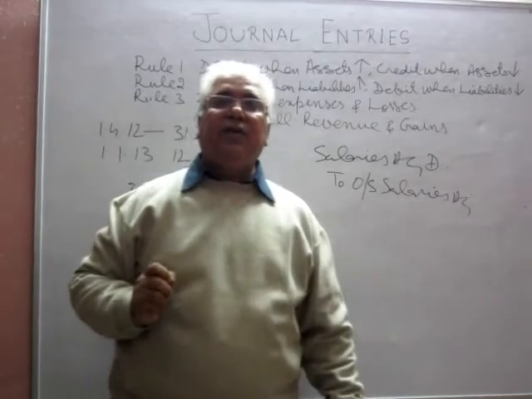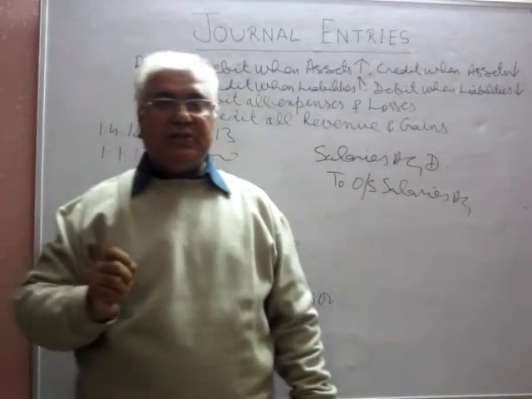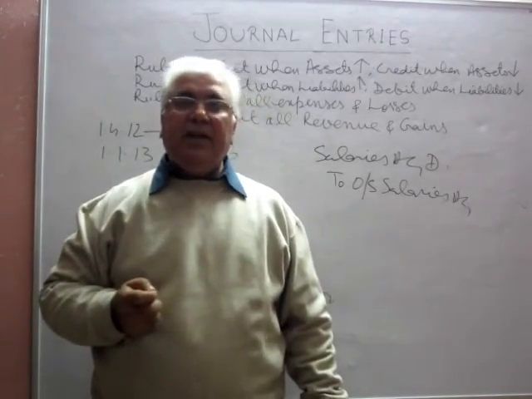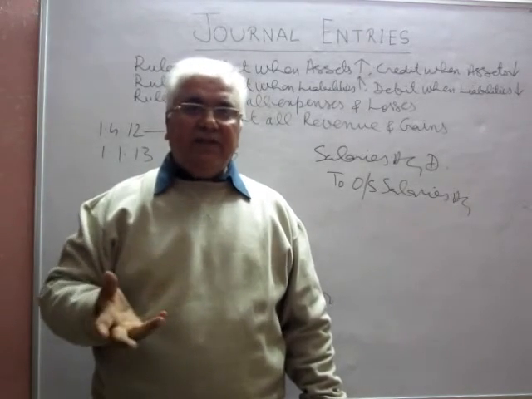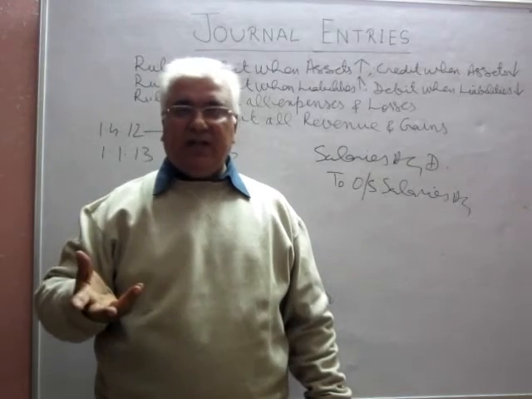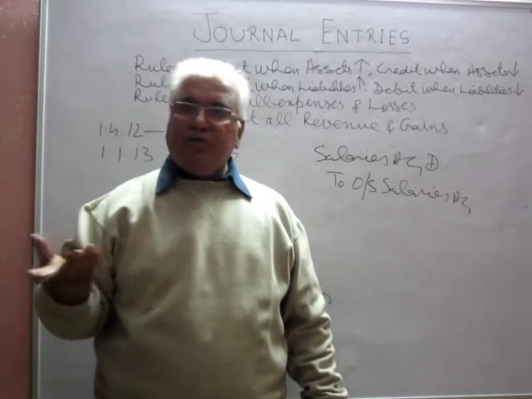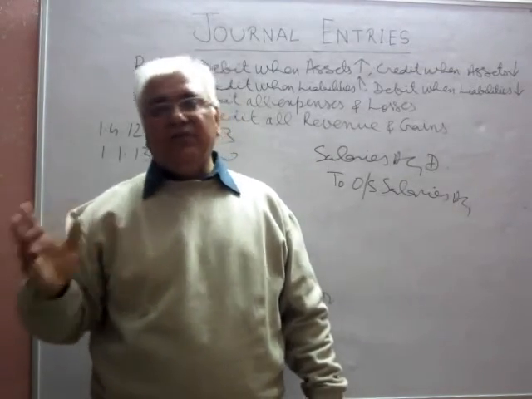Another entry I am going to tell you, and that is for depreciation. You know what is depreciation? Depreciation is reduction in the value of fixed asset because of usage, etc. Maybe they become obsolete also, but mainly because of usage.